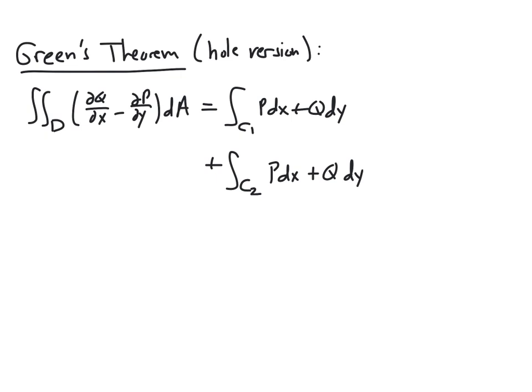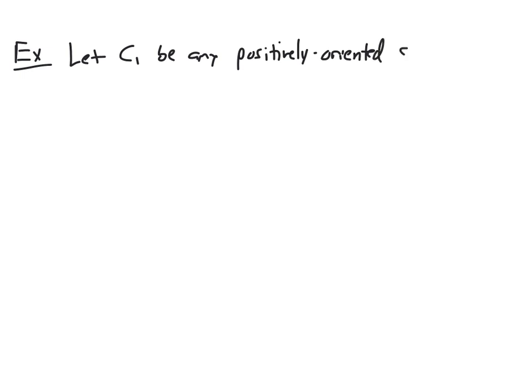All right, so let's take a look at an example using this version of Green's theorem. So let's let C1 be any positively oriented simple closed path that encloses the origin.